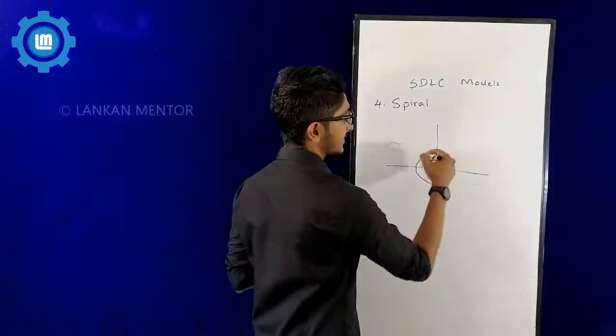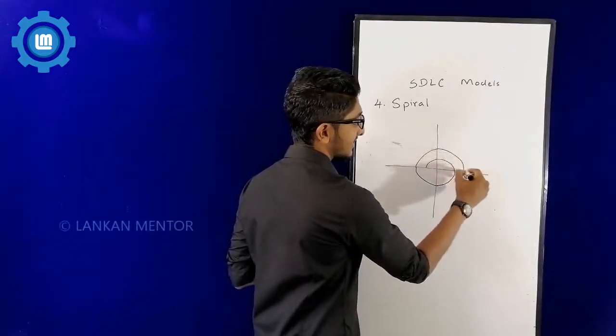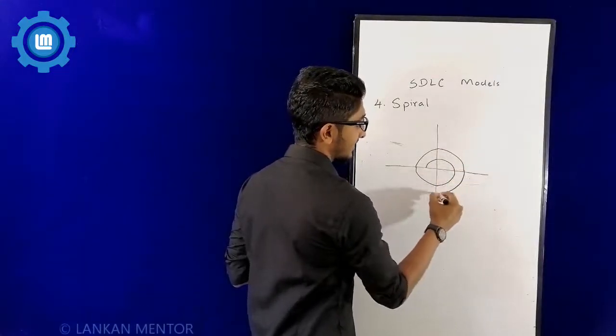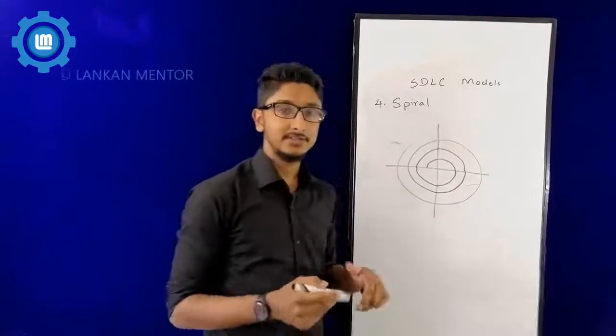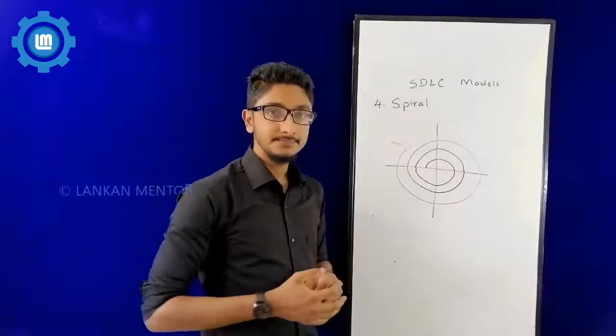You evaluate the system, and then you go for the other iteration, which means gathering requirements again, designing again, coding and testing. Just like that, it goes on developing. So this is the spiral model.